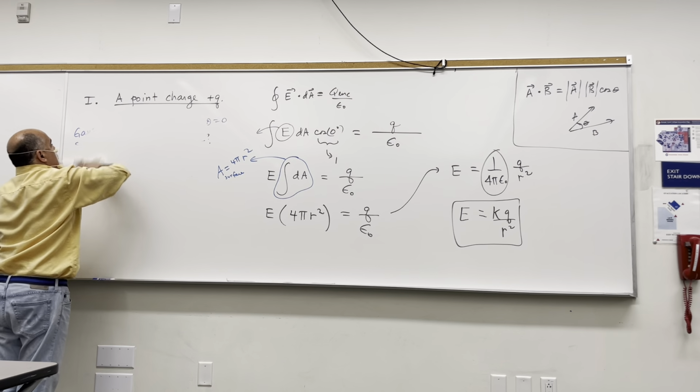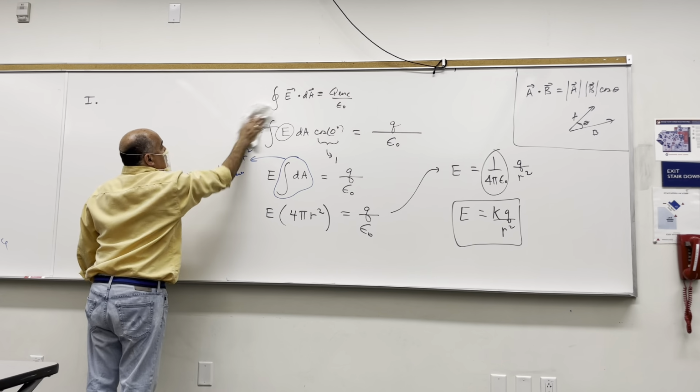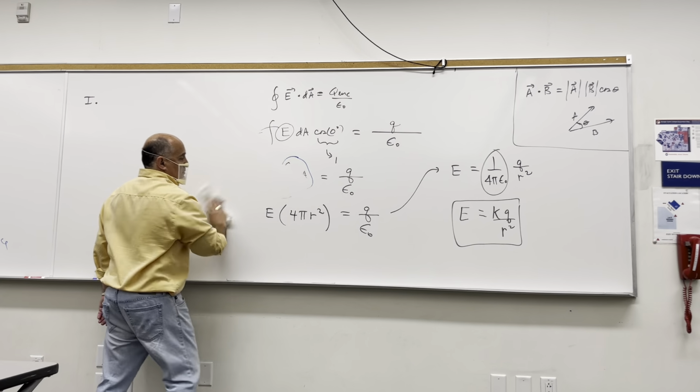So I'm going to do number 2. A solid conducting sphere of radius A and total charge Q. Solid means not hollow with a hole cut out inside, but just stuff all the way inside.